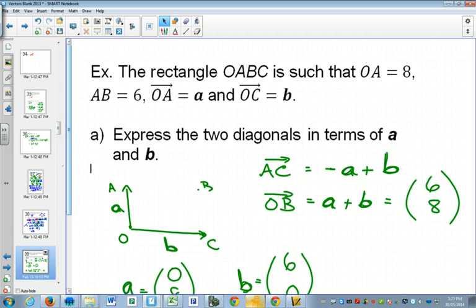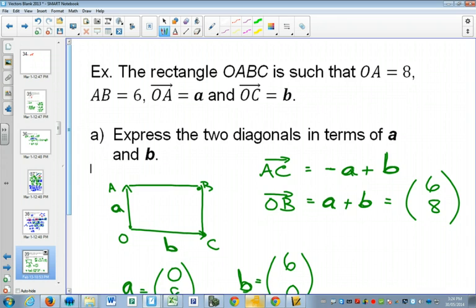You got a rectangle, let's draw a rectangle. Here's our rectangle. O to A is A, O to C is B. It's kind of screwy lettering because you'd think O to B would be B, but no. Express the two diagonals.